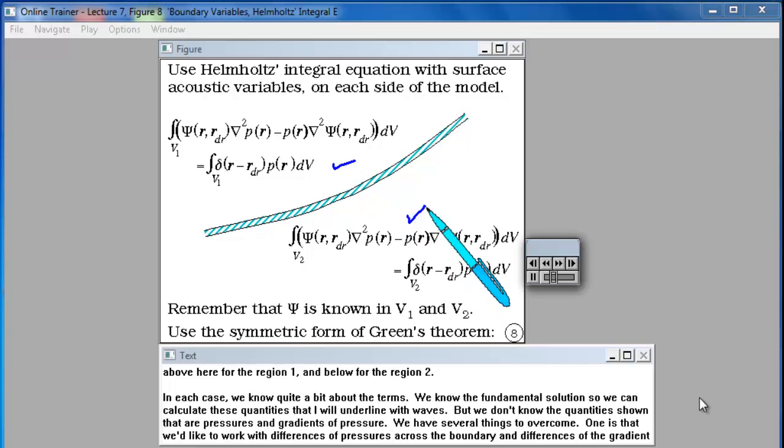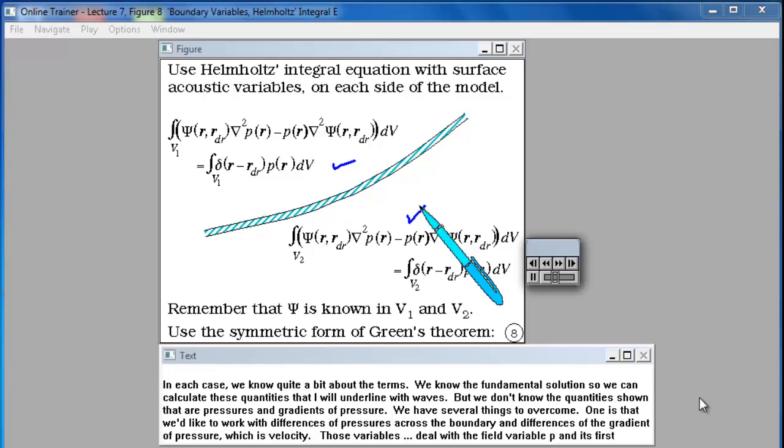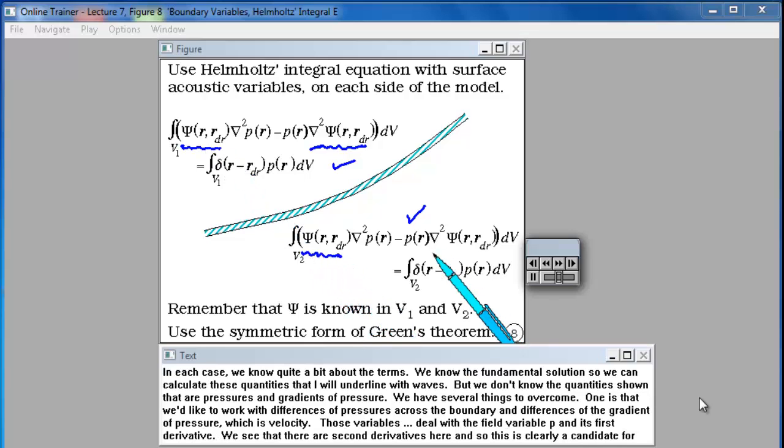In each case, we know quite a bit about the terms. We know the fundamental solutions, so we can calculate these quantities that I will underline with waves. But we don't know the quantities shown that are pressures and gradients of pressure.